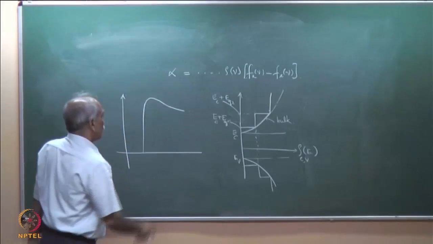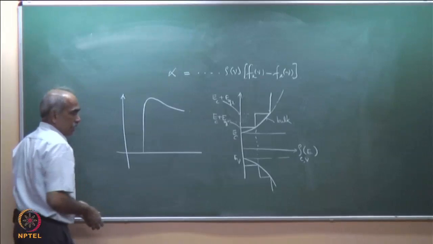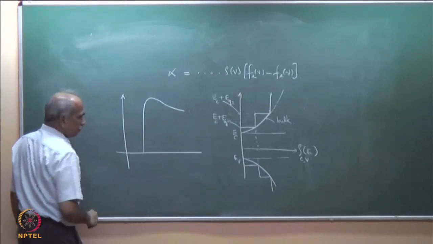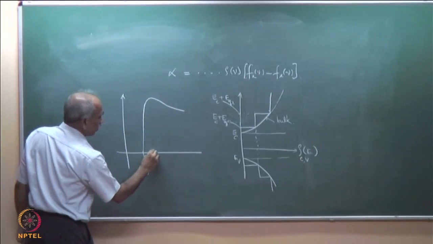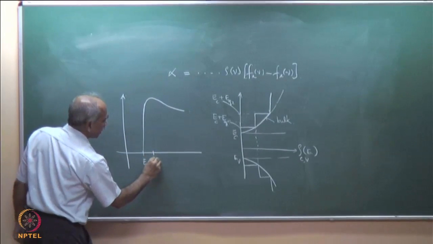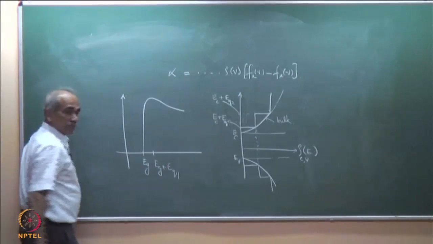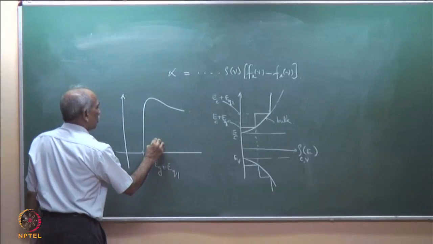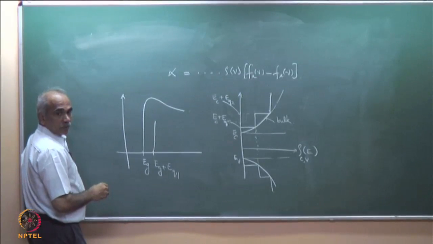And indeed, quantum well structures show an absorption coefficient variation which is like this. If I want to plot in the same graph, then this is Eg, there is no absorption at Eg, first absorption starts at Eg plus Eq1.